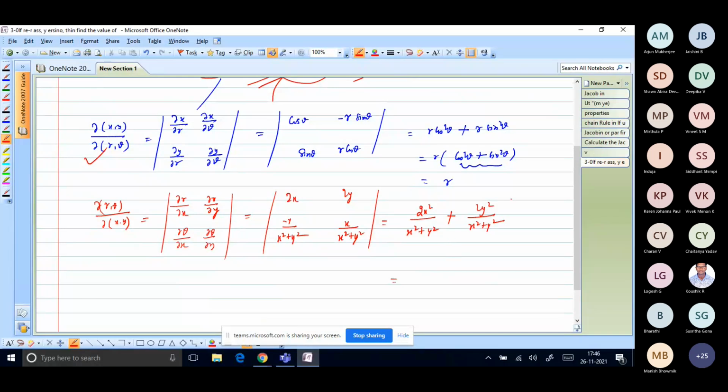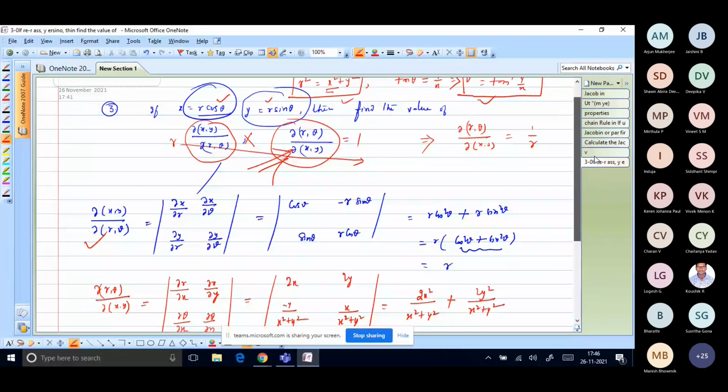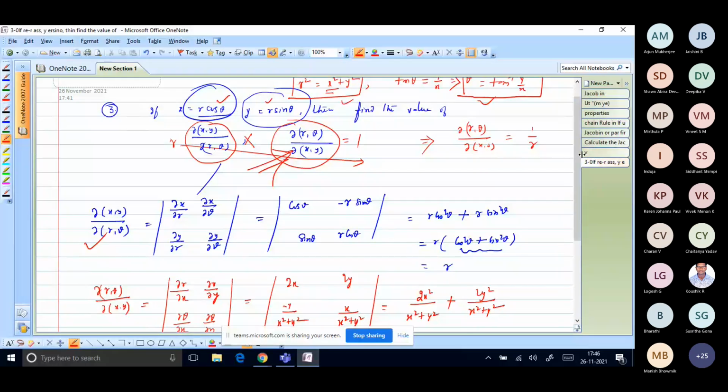So, something is missing? Let us check what is missing.